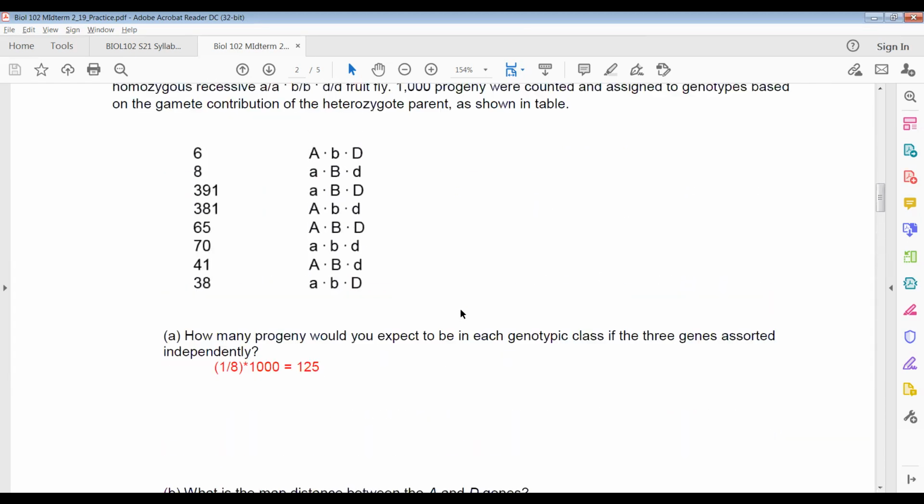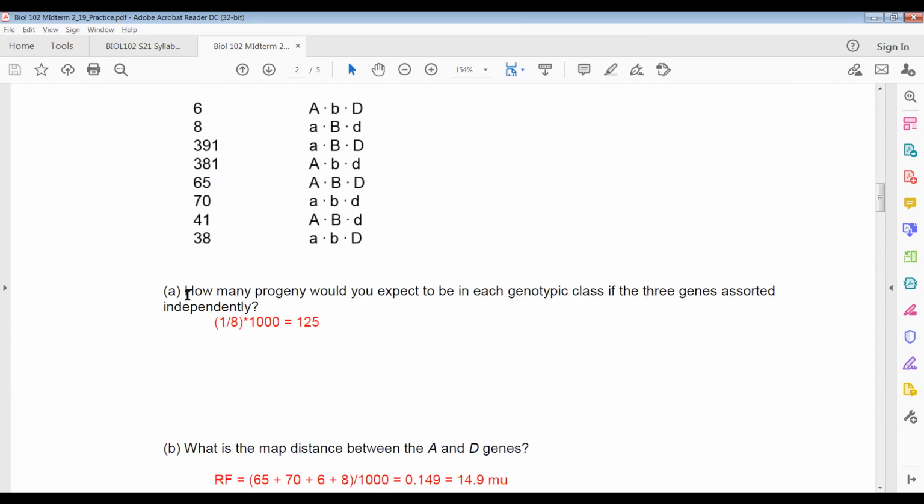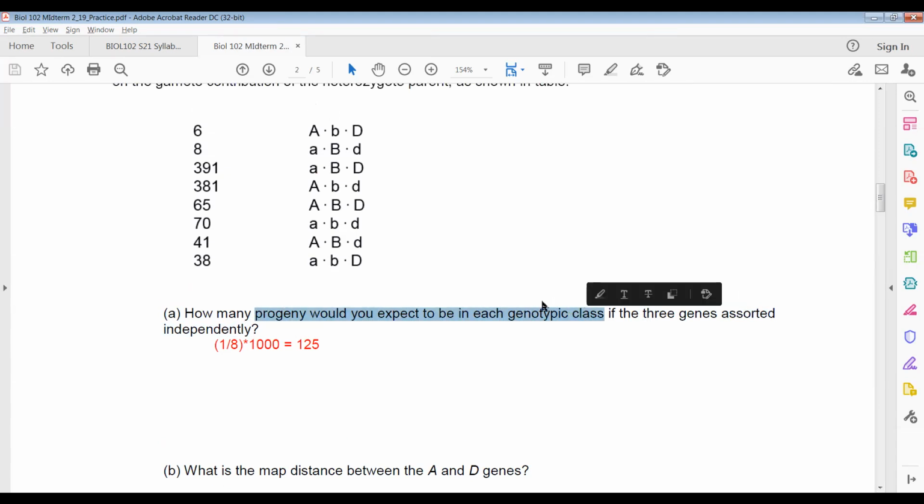All right, how do we do this? As we discussed before, you see different numbers here for the different genotypes, which means they are linked. So the first question: if these 3 genes are unlinked, sorted independently on different chromosomes, how many progeny would you expect to see in each genotype category?